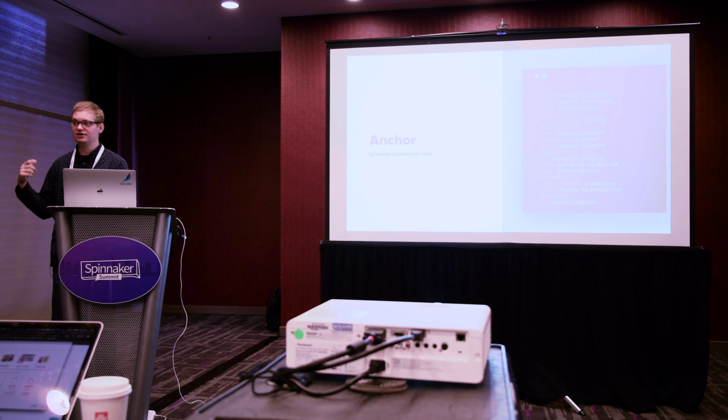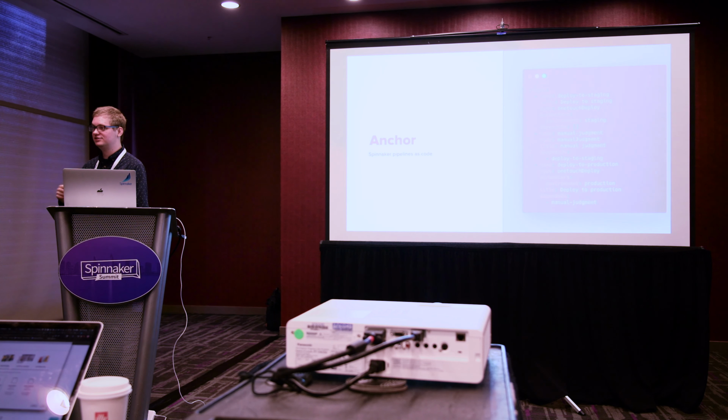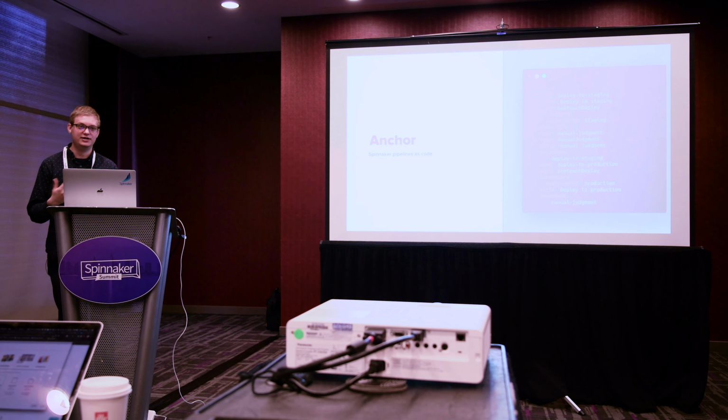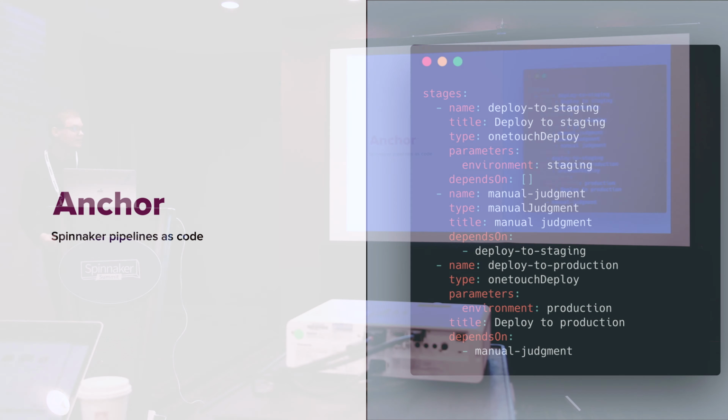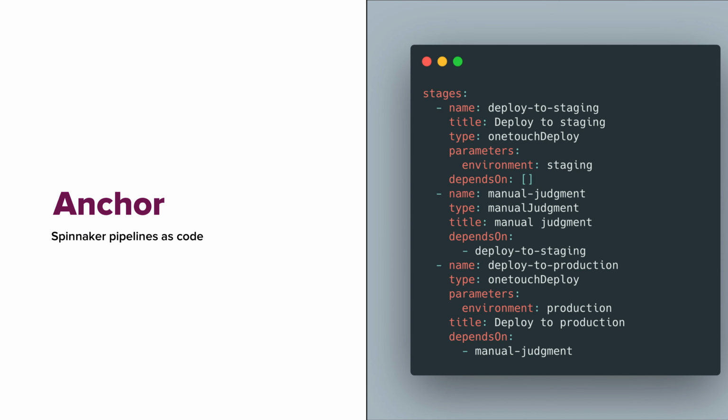So we stayed within the nautical theme for naming the services related to Spinnaker. We created a command line tool, Anchor. And here's an example of a YAML configuration file that allows you to set up a pipeline. This would be a pipeline for deploying a service. It consists of 4 stages. The first stage is deploy to staging.